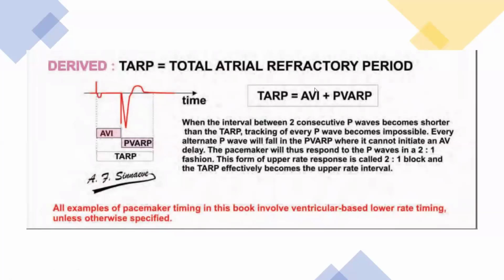If we say that the AV interval is 200 milliseconds and the PVARP is 300 milliseconds, 200 plus 300 is 500. So if the TARP is 500, the maximum rate at which the pacemaker can follow the atrium is 120. 500 milliseconds is translated to 120 beats per minute. So if the atrial rate is faster than 120, the pacemaker can't follow it and this will be a problem.